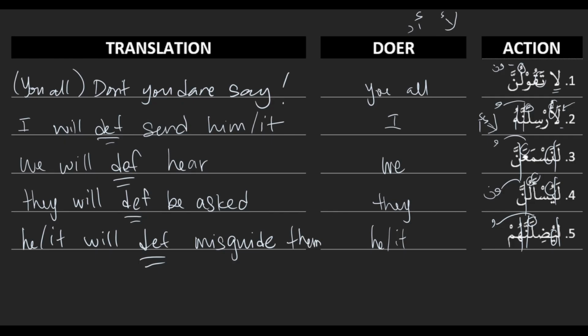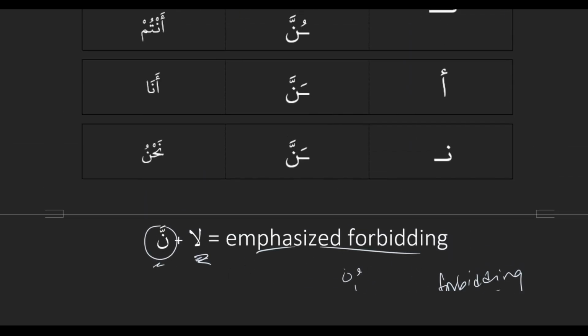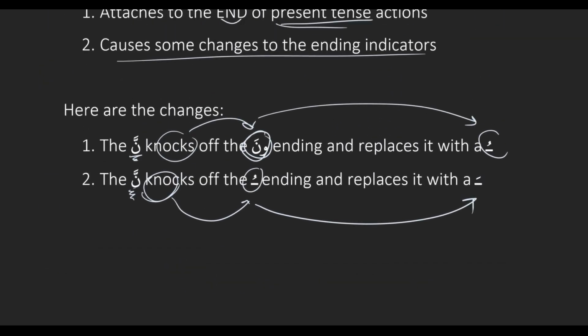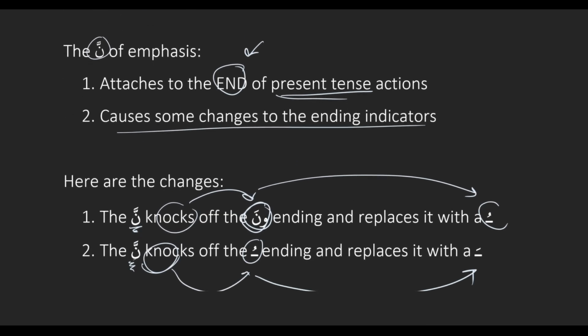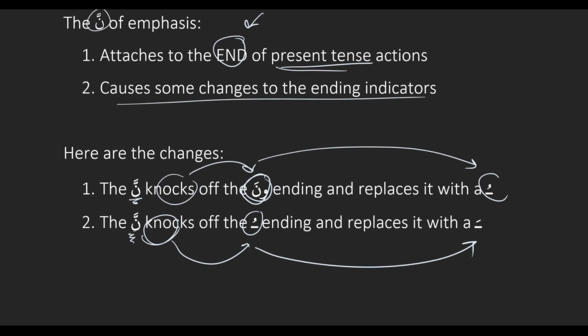Are we clear on noon of emphasis? It attaches to the end of what kind of action? Present tense. And what changes does it cause? If the action originally ended in una, it becomes u. And if it originally ended in u, it becomes an a. And then what happens when we see a la coming before a word with a noon of emphasis on it?